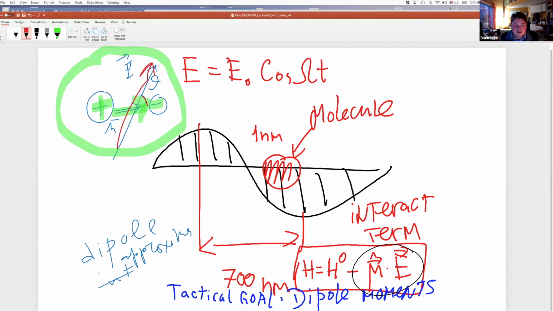If the angle between these two lines is non-zero, then the system of electric field and molecule will be unstable, so there will be some increment in energy. As soon as these arrows are parallel, the energy will be minimal.